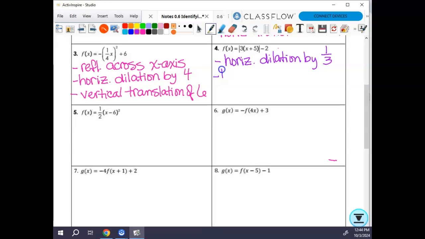X. So this is also horizontal, but this is a horizontal translation of what? -2. Very good. Instead of saying down 2, we're just saying we're translating it a -2. Okay? Everybody all right with that?